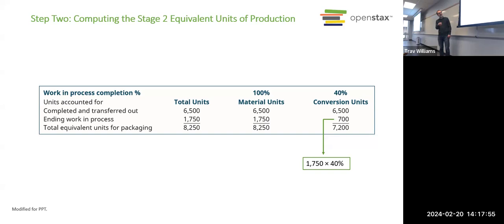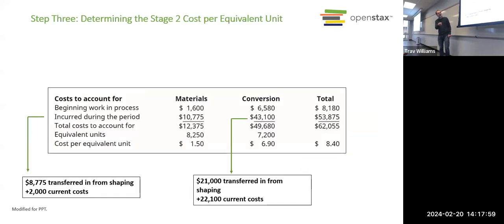Our total equivalent units for conversion came out to what, 7,200. That is what gets divided here into the total conversion costs to get our conversion cost per unit, right? That's how this process works. And then how do we get this total cost per unit? Add the material plus conversion to get the total.